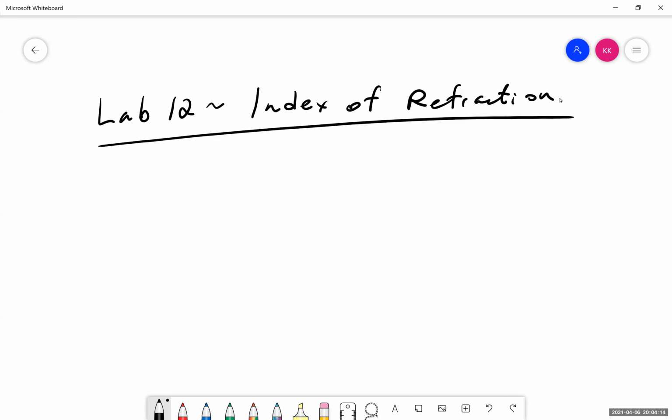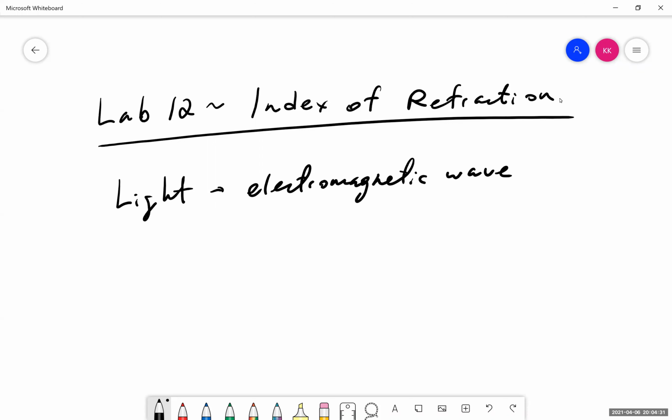So we're going to talk about how light is what we call electromagnetic radiation or an electromagnetic wave. That means it moves in free space, in vacuum, at the speed of light, that is c equals 3 times 10 to the 8 meters per second.